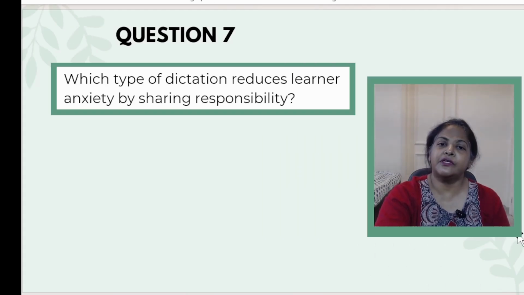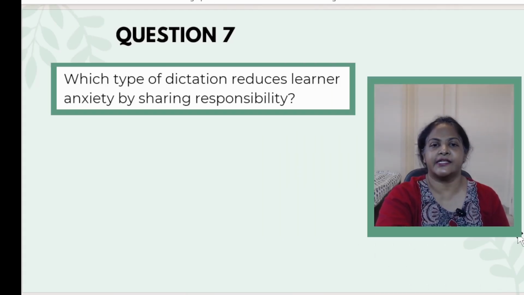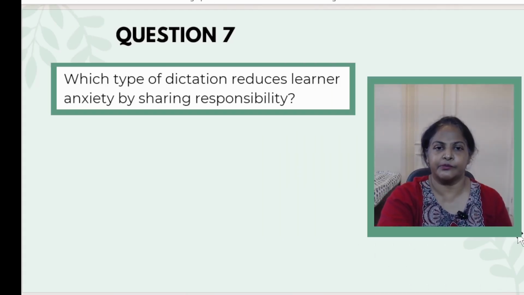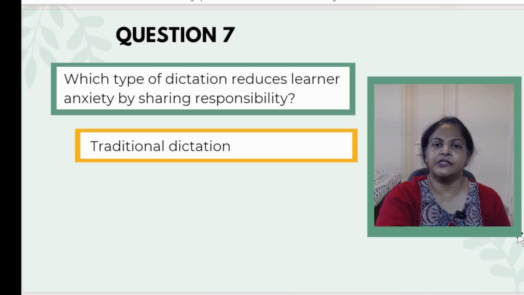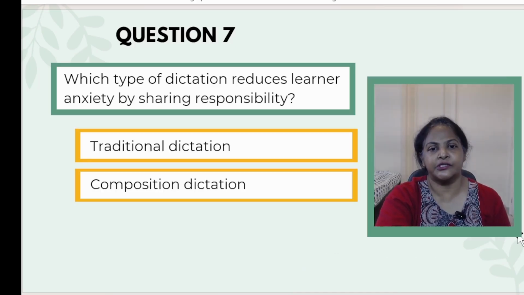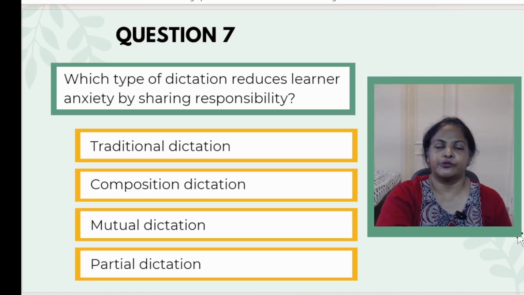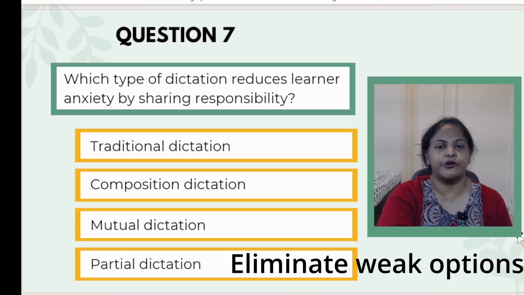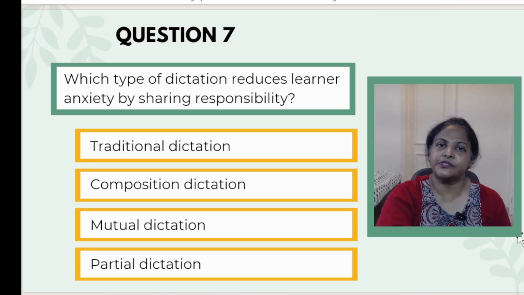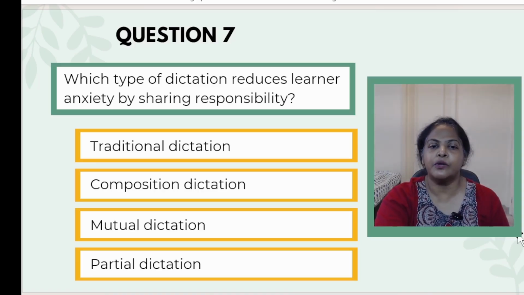Which type of dictation reduces learners' anxiety by sharing responsibility? So type, you already know, it's a T question. Traditional dictation, composition dictation, mutual dictation, or partial dictation. So let's eliminate the weak options. It's not traditional dictation, it's not composition dictation. Now you'll have to work between mutual dictation and partial dictation.